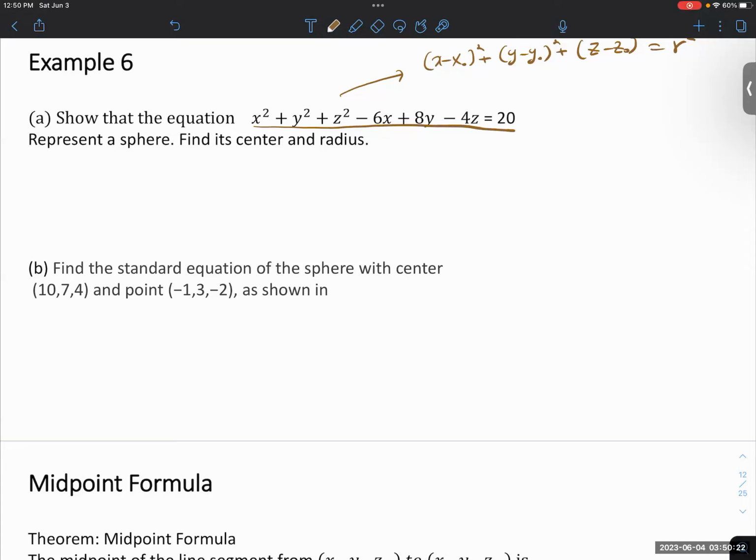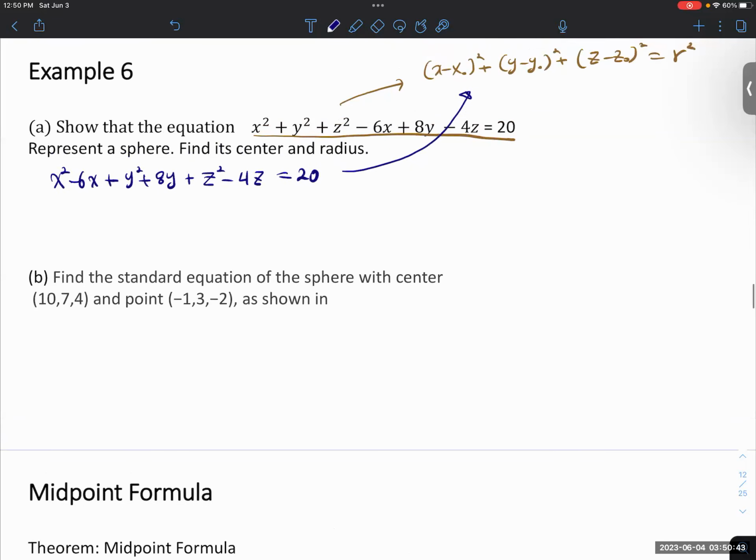So I'm going to combine all the x family. You can find x squared minus 6x plus y squared plus 8y, and then z squared minus 4z equal to 20. And then we need to change this into the factored form. So do you remember how to find the factored form?